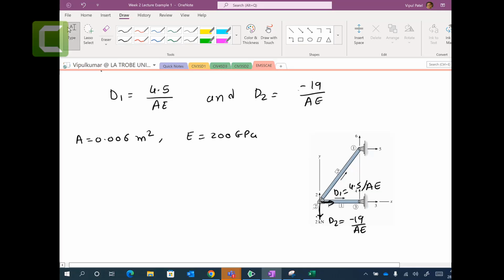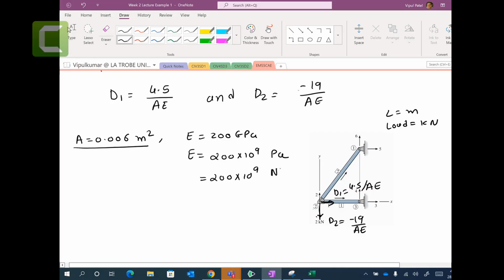Now you remember that we are working with length in meters and force in kilonewtons. So meters square is good, but 200 times 10 raised to 9 pascals means 10 raised to 9 Newton per meter square. Meter square is okay, but Newton is not good, so we can convert it into kilonewtons. So we get 200 times 10 to the 6 kilonewton per meter square.